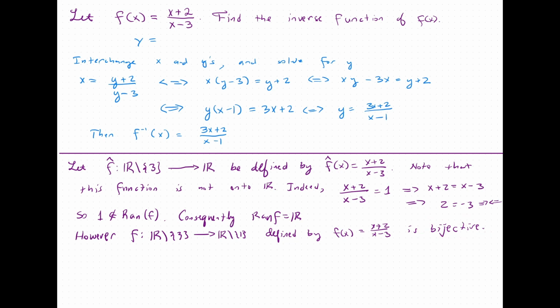And then if we look at the inverse function, I'm going to define this by g. So let g be the function where we go from the real numbers minus 1 over to the real numbers minus 3, defined, and here I'm taking what I called f inverse in the past, by g of x is equal to 3x plus 2 over x minus 1.